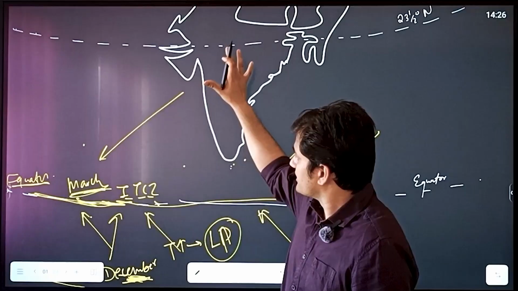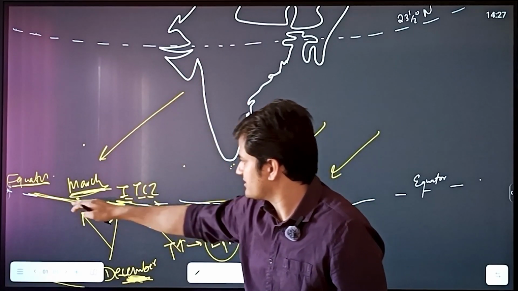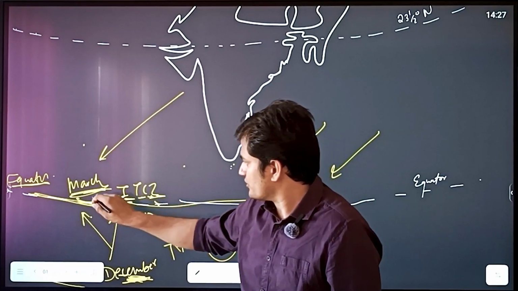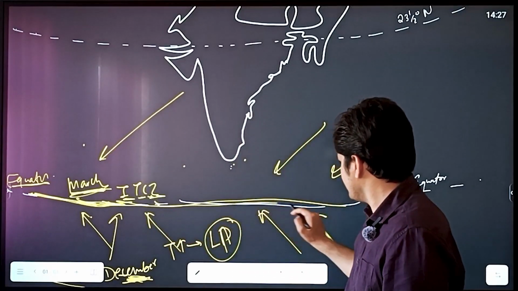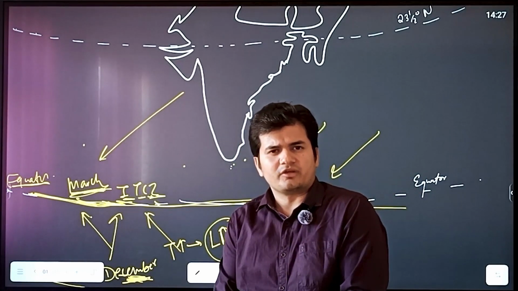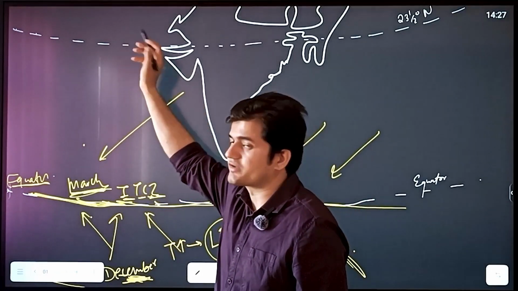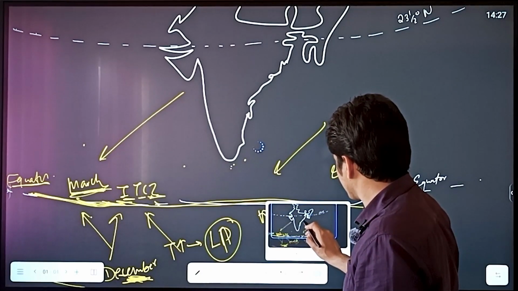So the winds at the tropical region converge at this zone, which we call the Intertropical Convergent Zone. During the month of March, this ITCZ line we can see at the 0 degree latitude. But what will happen if the sun rays start to climb up toward the Tropic of Cancer? This ITCZ line starts to climb up.